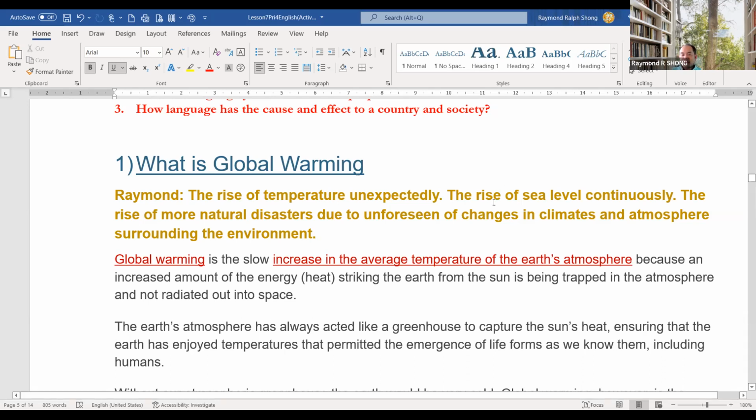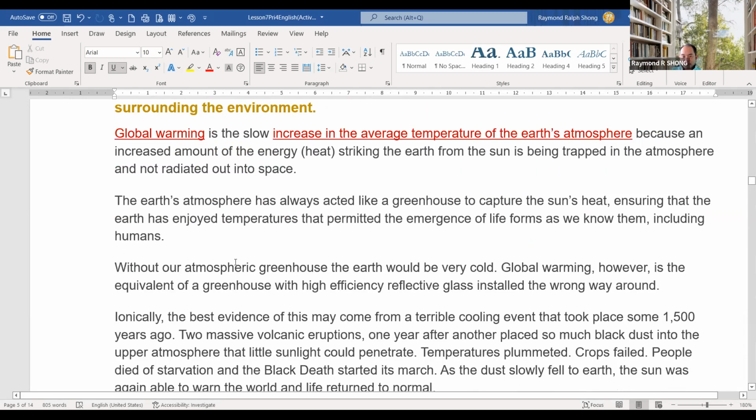Carry on, Michael. The Earth's atmosphere has always acted like a greenhouse to capture the sun's heat, ensuring that the Earth has enjoyed temperatures that permitted the emergence of life forms as we know them, including humans.